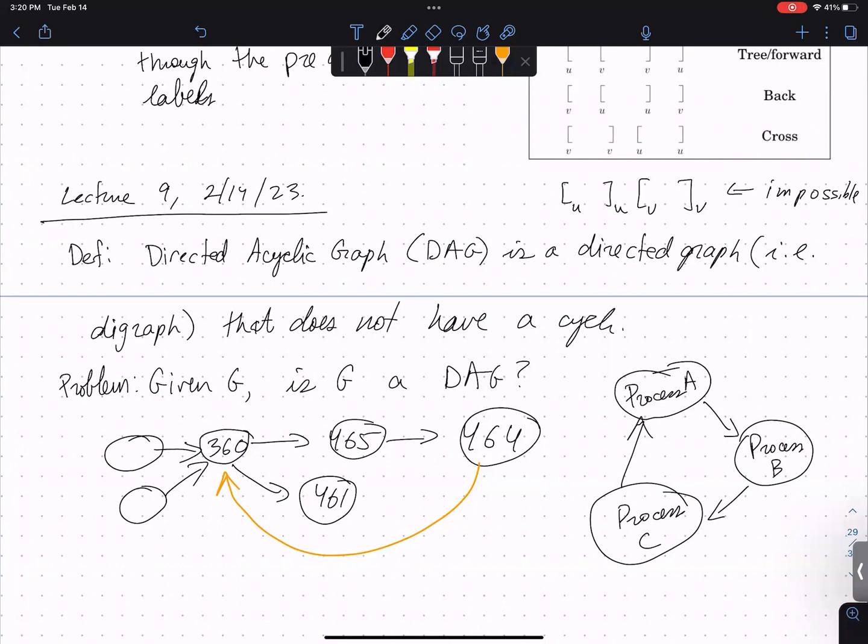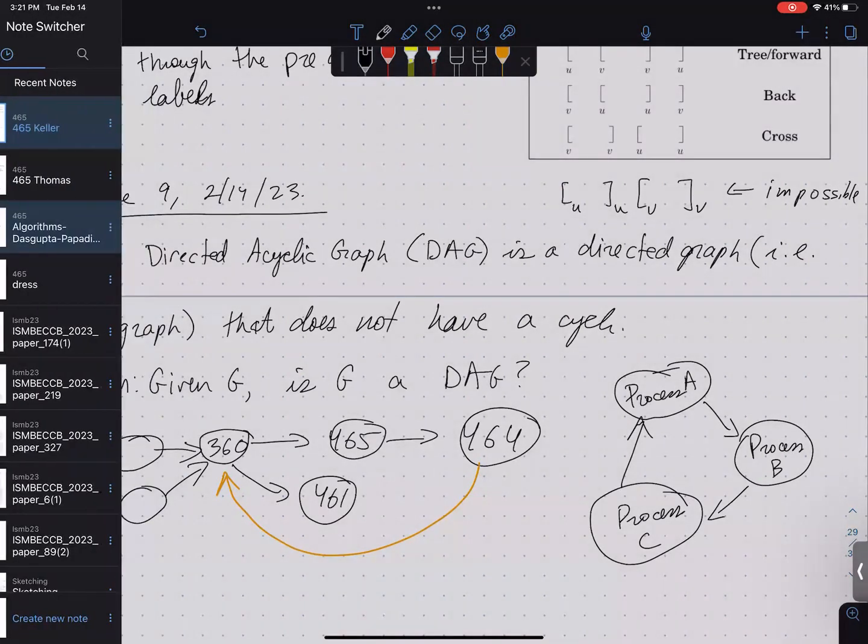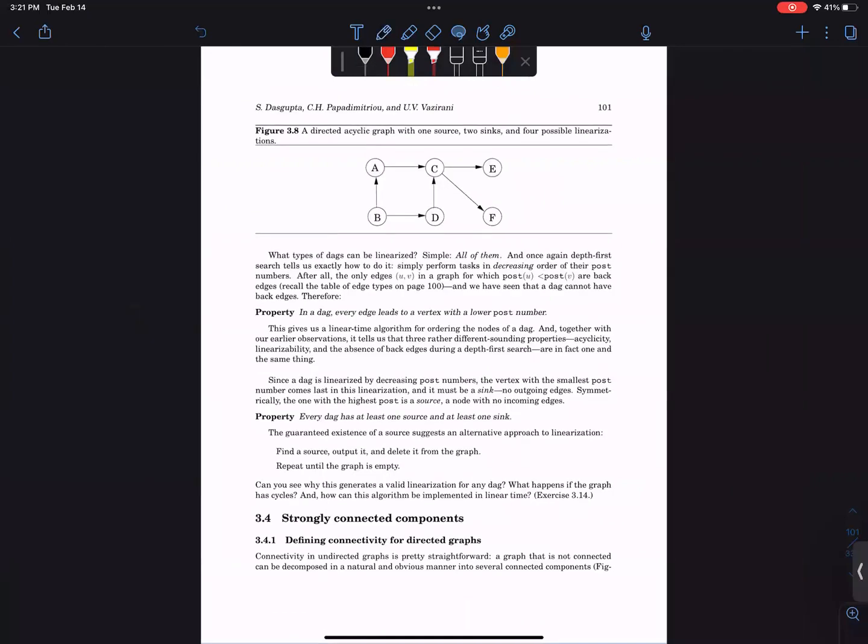So it's important for the scheduler to be able to detect cycles and maybe tell the user, or maybe break the cycle, maybe just kill one of the jobs, whatever is appropriate in that situation. But the first step is to detect the cycle. Here's another example from your book.